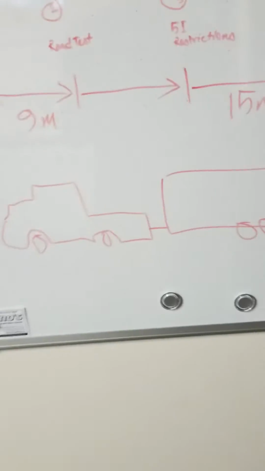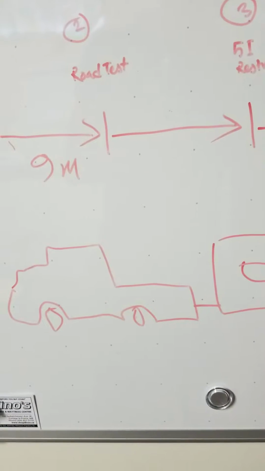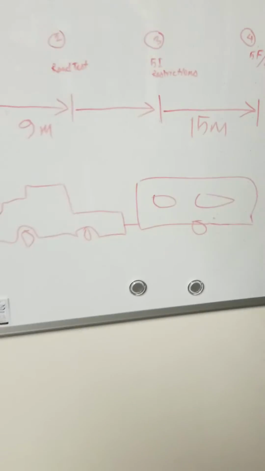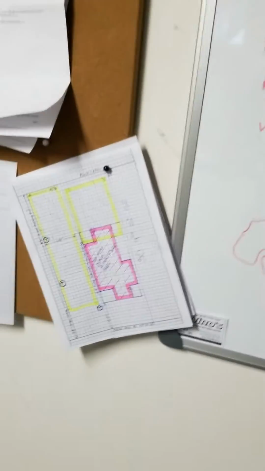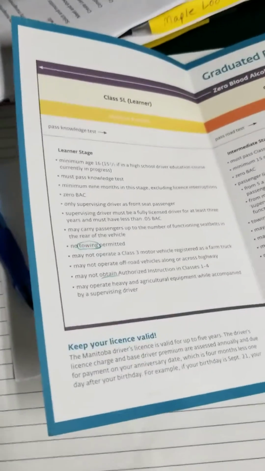Some people have trailers in the back. This is not permitted when you are a 5L. You cannot tow, even with the supervising driver. This is not permitted on the 5L license, because you're learning how to drive a vehicle, never mind pulling a trailer.